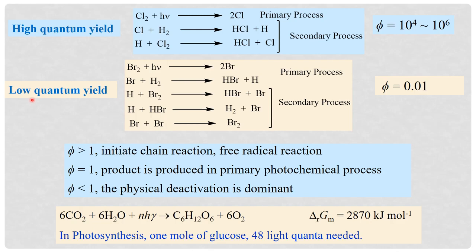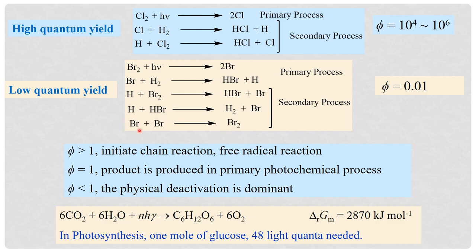Sometimes quantum yield is low. The reaction of H2 and Br2 has a quantum yield of 0.01. The reason is that sometimes excited molecules are de-excited. They lose their energy.